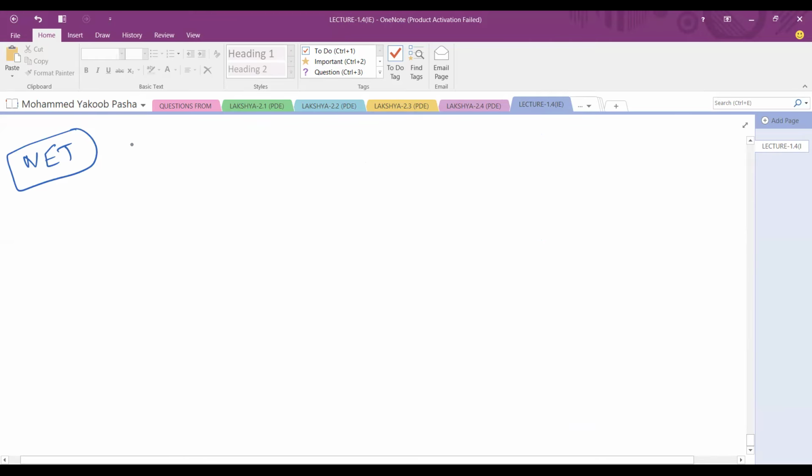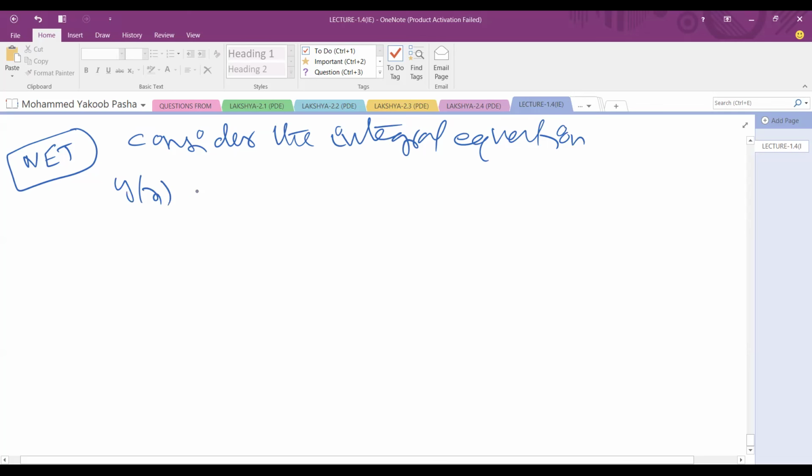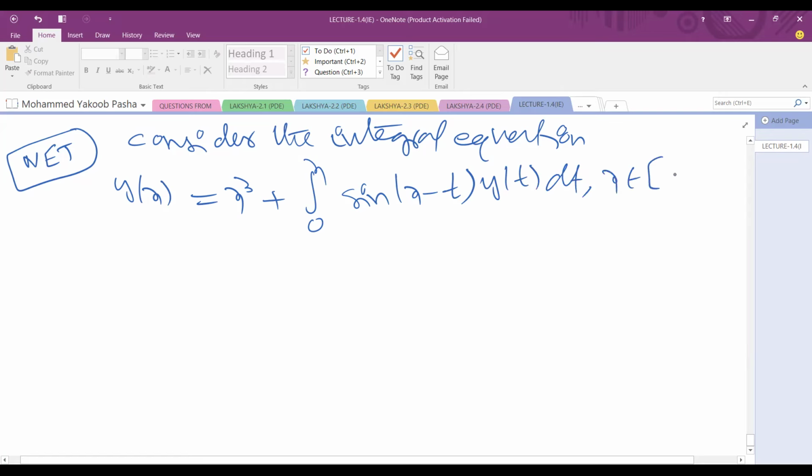Consider the integral equation y of x is equal to x cube plus integral 0 to x sin of x minus t into y of t dt, when x belongs to closed interval 0 comma pi.